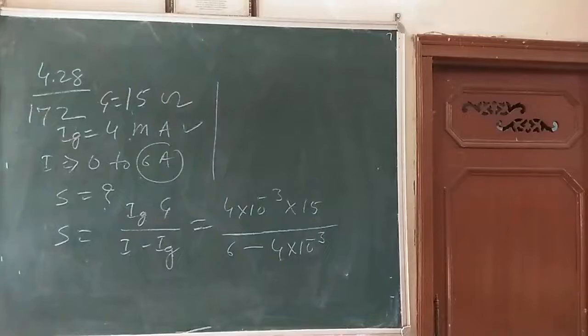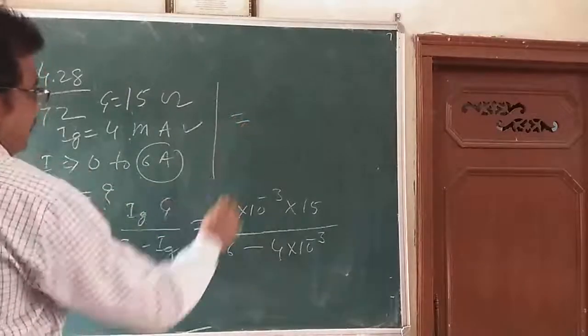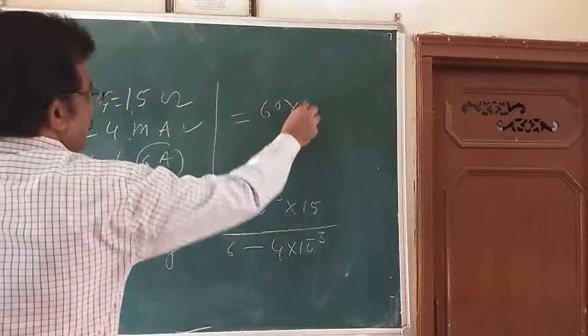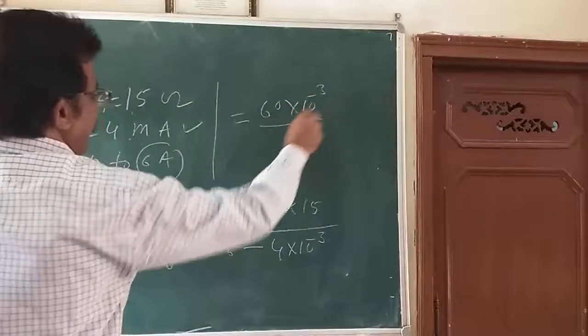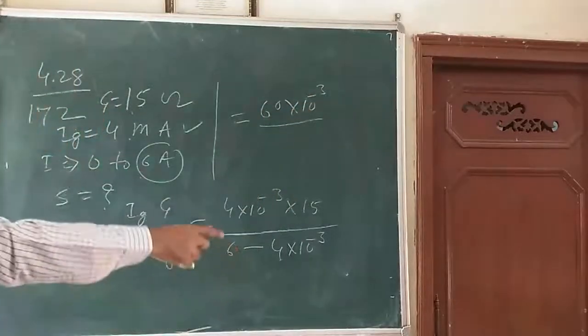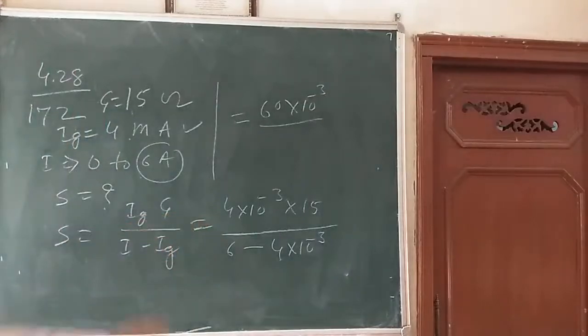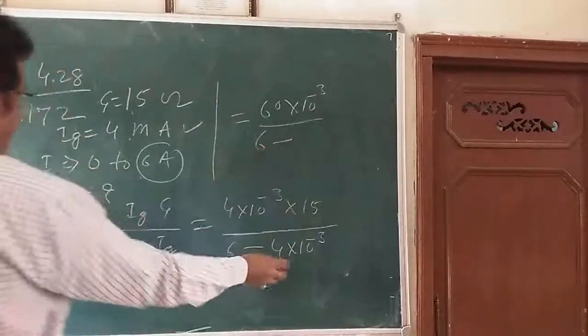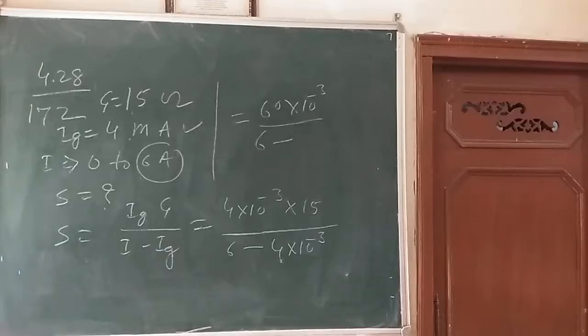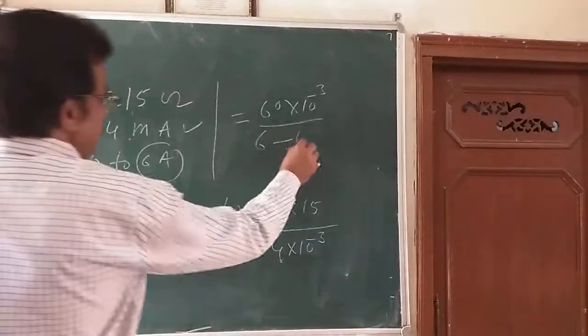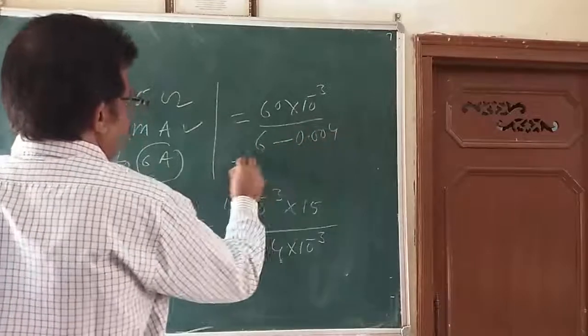Solve this. So we are getting here 60 into 10 to the power minus 3 divided by 6 minus 4 into 10 to the power minus 3. That is 6 minus 0.004. Solve it.